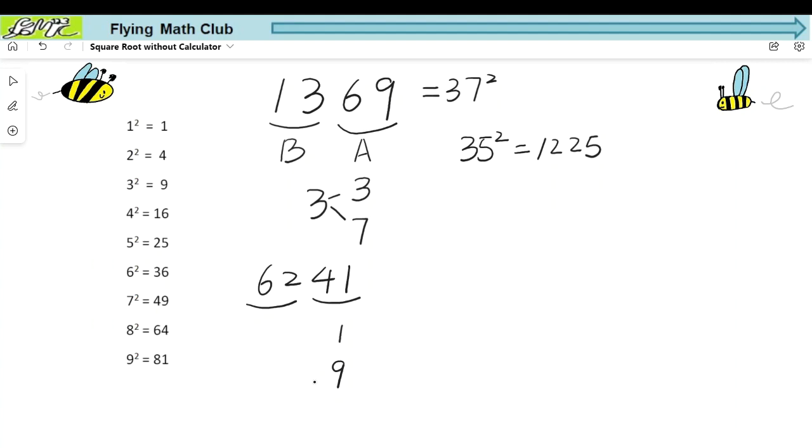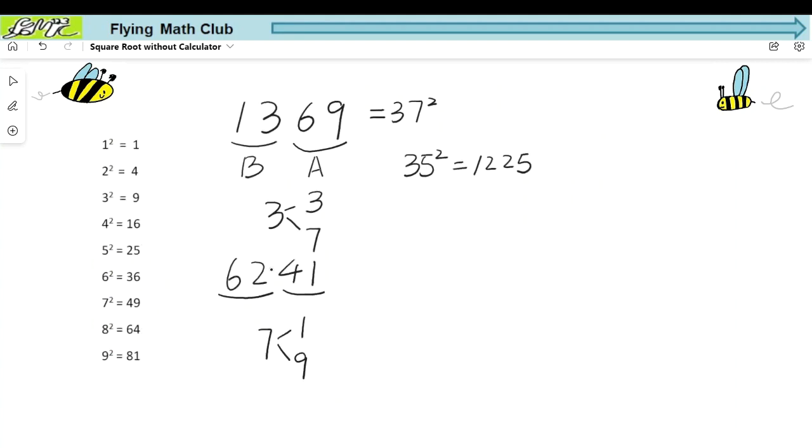Part A is finished. For part B, 62 is between 7 squared, 49, and 8 squared, 64. So its tens should be 7. Its possible square root could be 71 or 79.